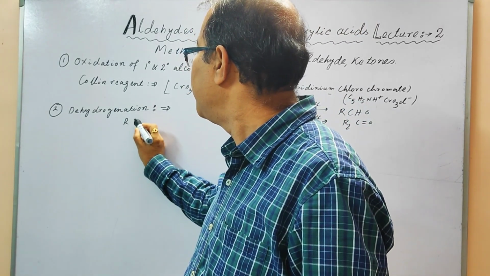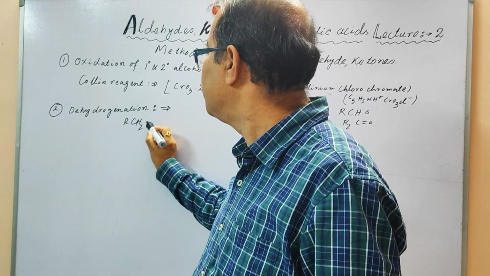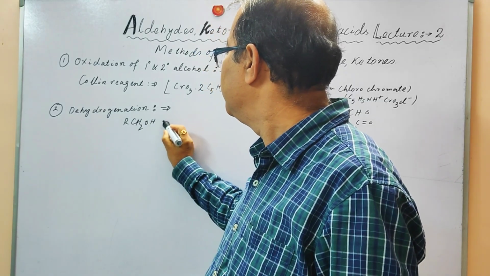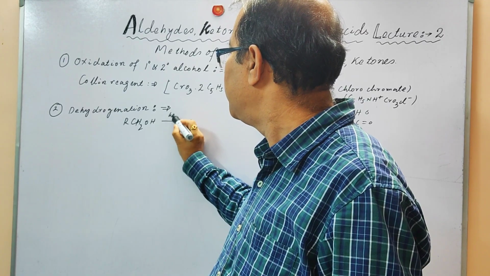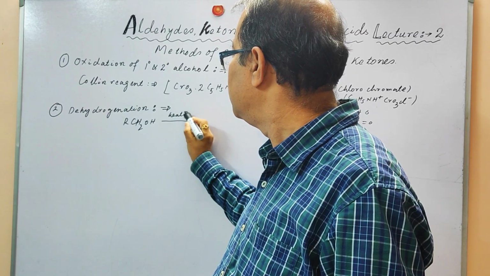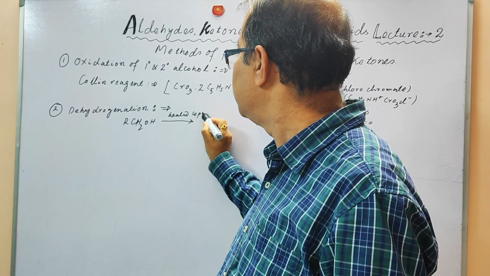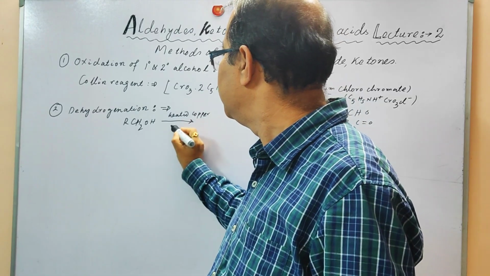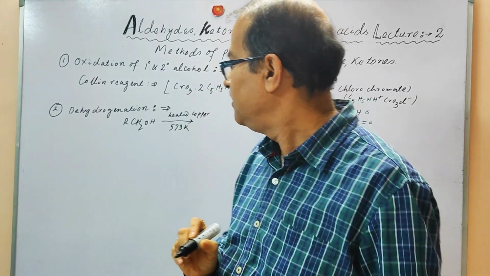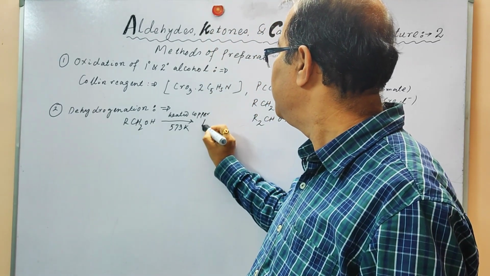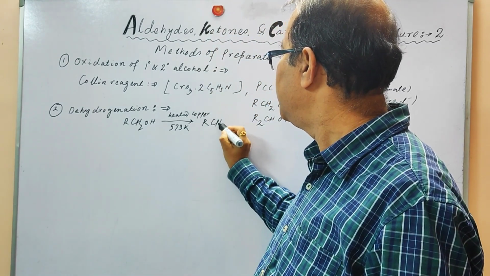for primary alcohol, when it passes over heated copper at the temperature 573 K, it will produce the RCHO.